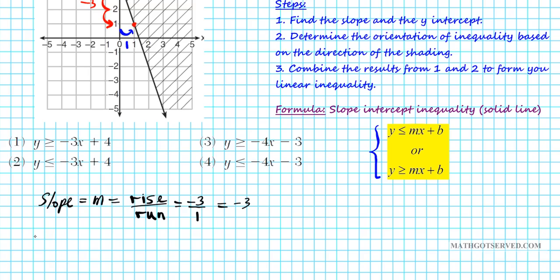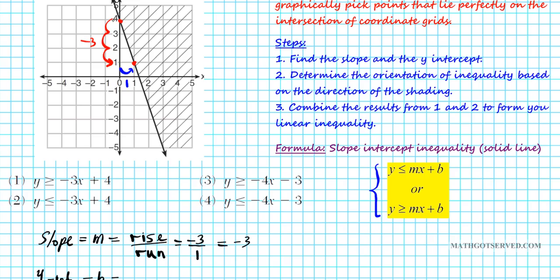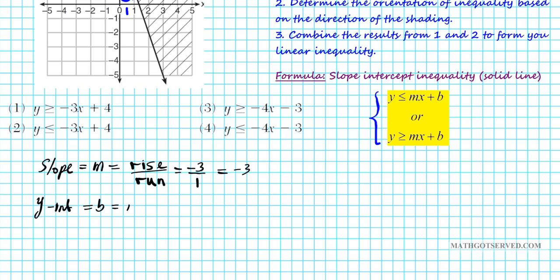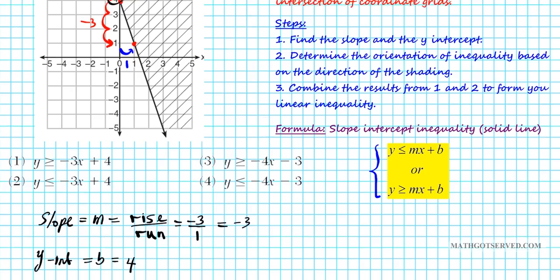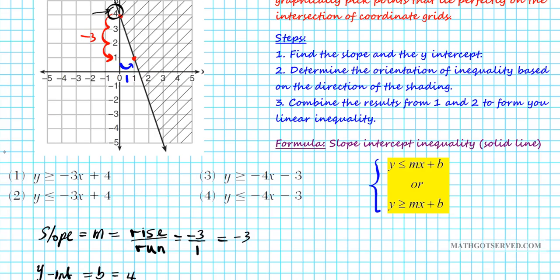What do we need next? We need the y-intercept. Y-intercept is also known as your B. That is where the graph intersects the y-axis, and we can see that here is your y-intercept, 4. Okay? So B is 4. So we have 2 components down. Next thing we need is the inequality.